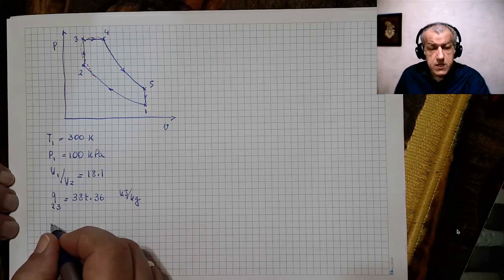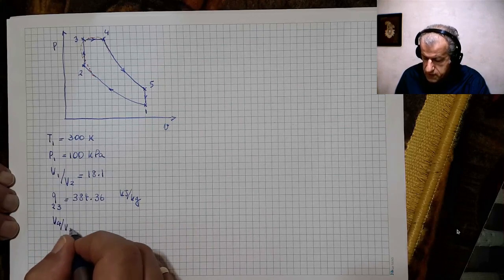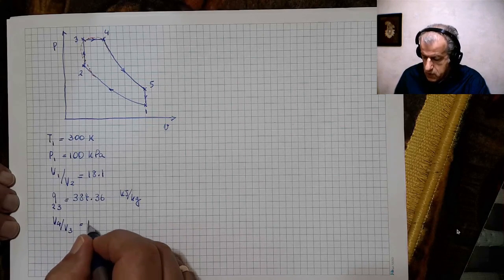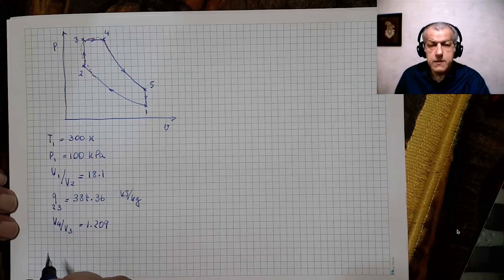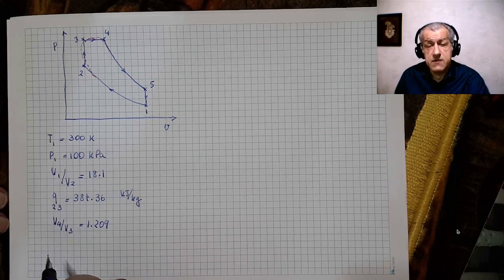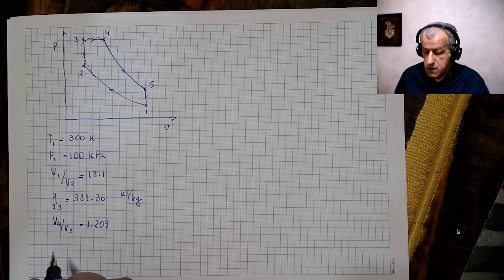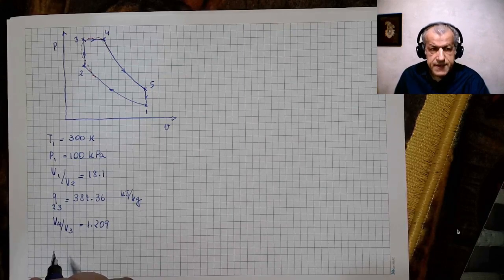The way to present it is to give a ratio for V4 over V3, which in our problem is 1.209. And you shall see that I have selected these values such that when we go to a table, we would not have to do interpolation. If I had done otherwise, then we would have to do some interpolation when we go to the tables. Well, this is our information.